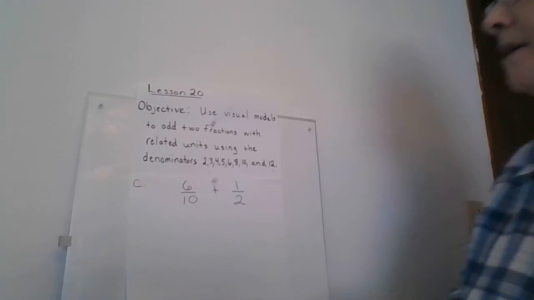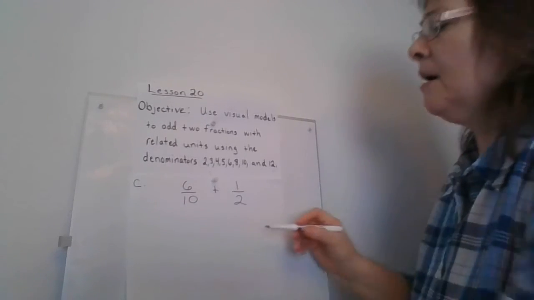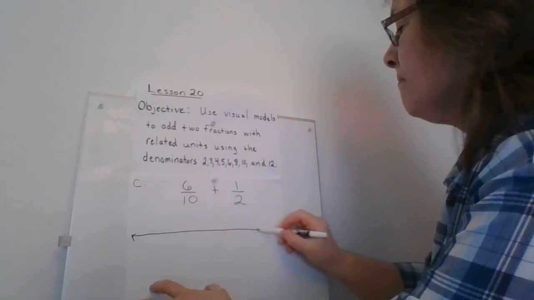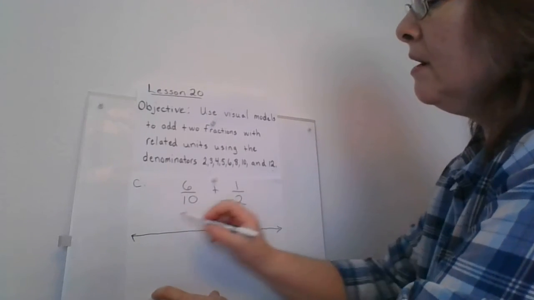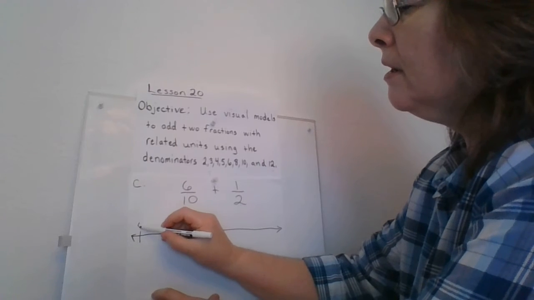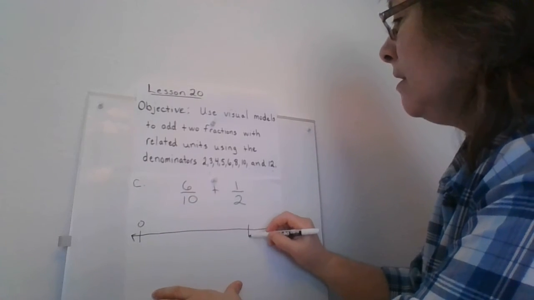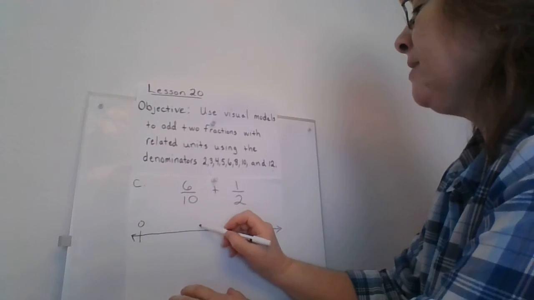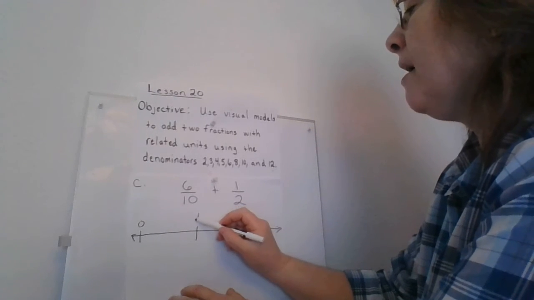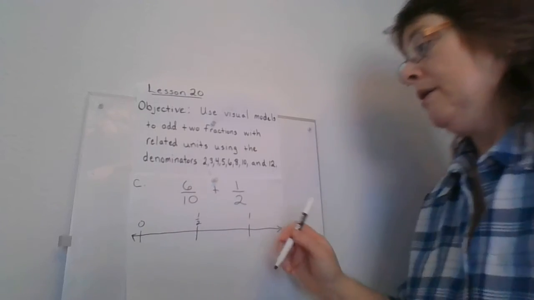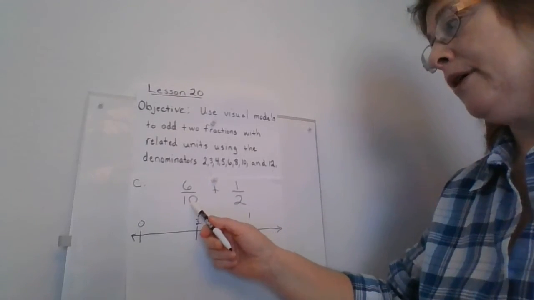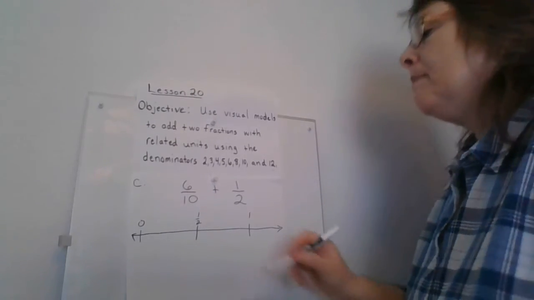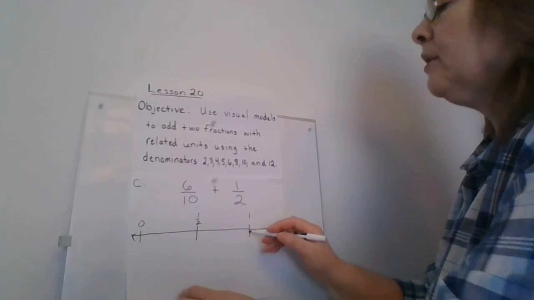Okay, 6/10 plus 1/2. I'm going to start off with my number line, and I'm going to label it with my start of 0 and 1. And my benchmark half means in the middle, so there's my half. This second fraction here has tenths, so that means I need 10 parts on my number line.